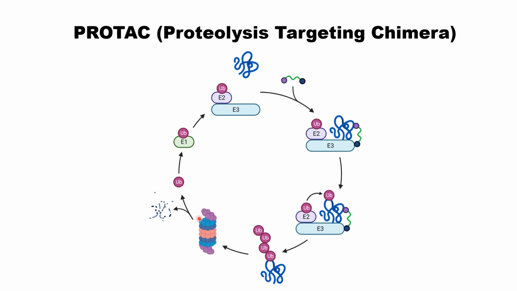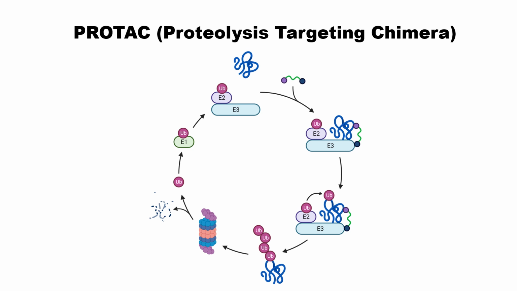Very interestingly, after this reaction is finished, ubiquitin is released and recycled. Also, this chimera molecule, after the job is done, is also released, and then it can act again to make this whole cycle catalytic. So with conventional drug molecules, once one binds to the kinase, it should stay with the kinase.